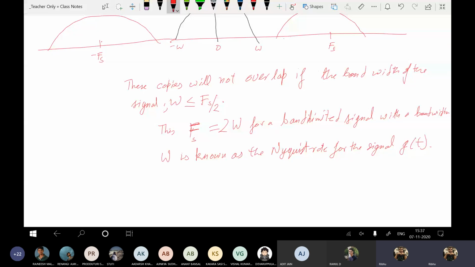Now, have you not done this in DSP? Nyquist rate, sampling. Yes, sir. But not in detail, in brief. Okay, so bandpass sampling, has he covered? No, sir, we already have sampled signals in DSP.